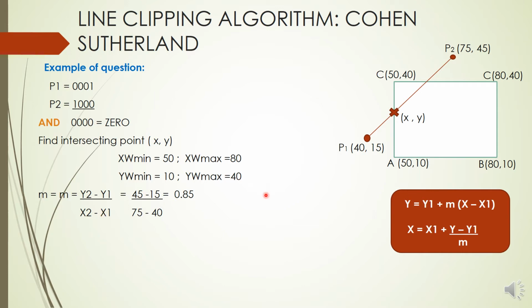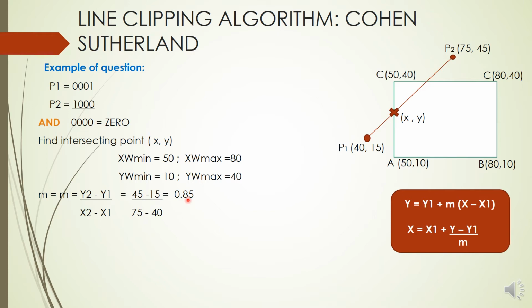This is your P1 and P2, x1 y1 and x2 y2. So y2 is 45 minus y1, which is 15, divided by x2, which is 75, minus x1, which is 40. So you get the slope as 0.85.